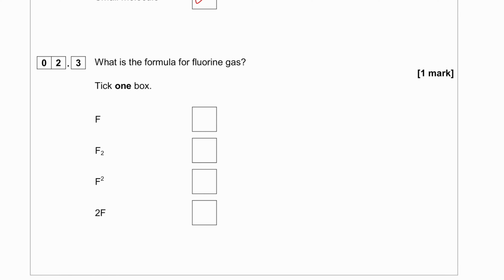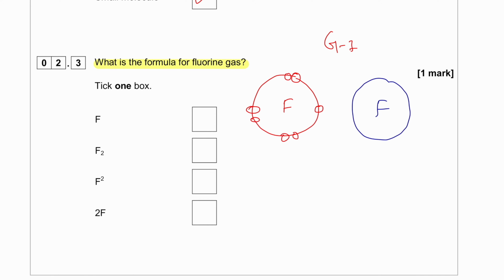Guys, the next question is, what is the formula for fluorine gas? Very good question. Fluorine, if we check in the periodic table, belongs to group 7. All right, as discussed earlier, any element that belongs to group 7 has 7 electrons in their outer shell. So here I represent 7 electrons with the dot diagram. And I'm drawing another fluorine in a different color. That doesn't mean that it's a different fluorine. It's the same fluorine.